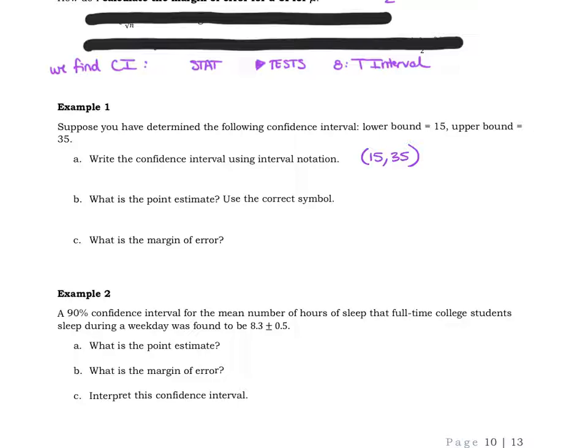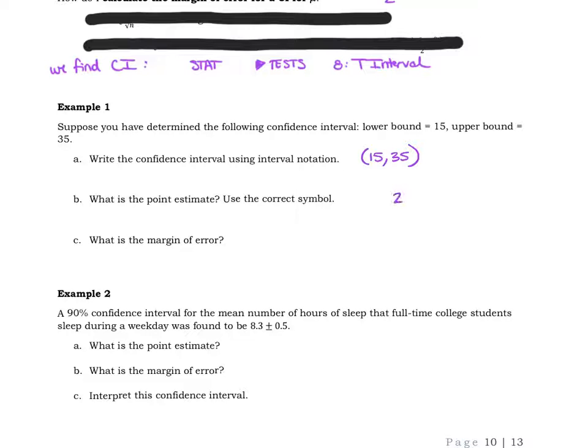So remember, the point estimate is the number smack dab in the middle. So how do you find the number in the middle of two numbers? You average them. Or in this case, I hope it's fairly obvious that halfway between 15 and 35 is 25. But if it's not quite so obvious, add the numbers up and divide by 2.